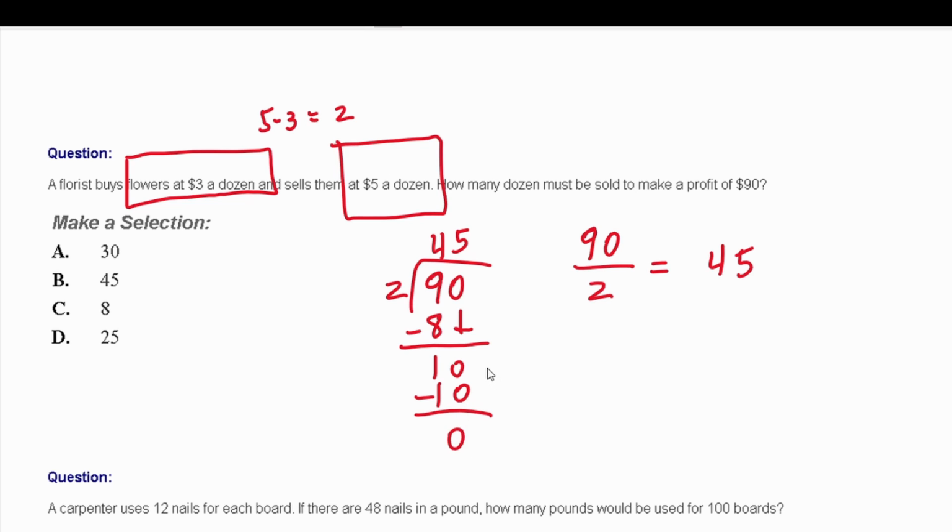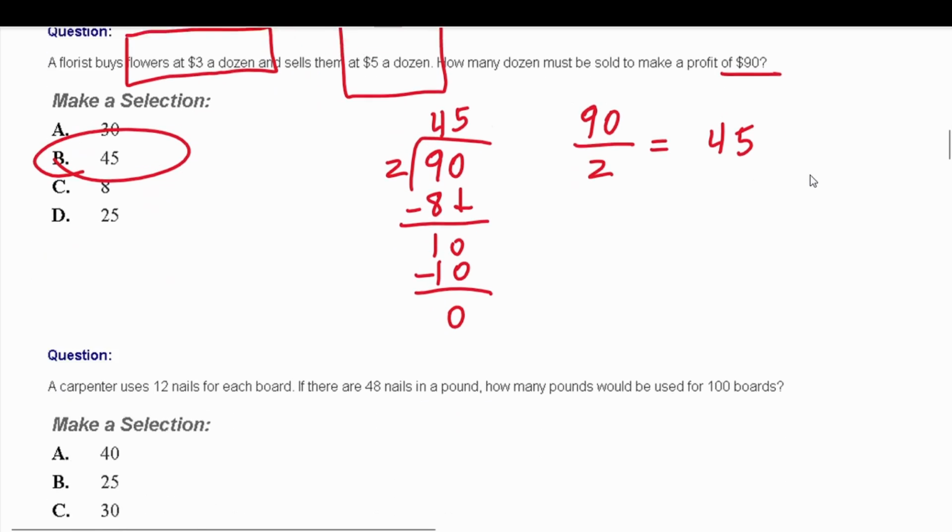So we can see there's no remainder. Okay, so in order to make a profit of $90, the florist must sell 45 dozens of flowers. Okay, so that was that one.